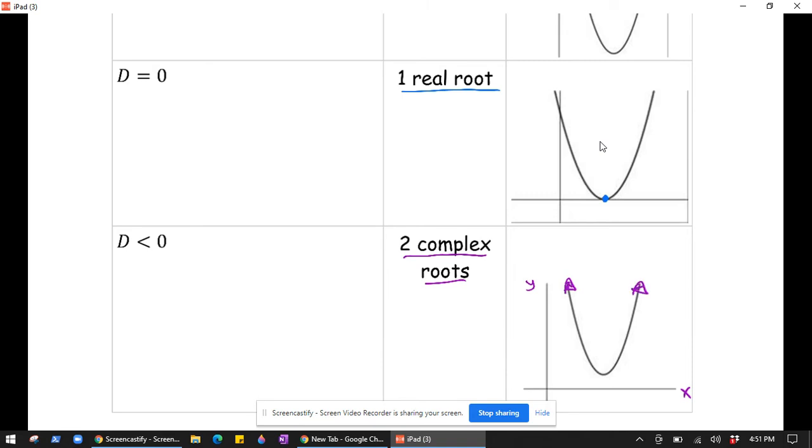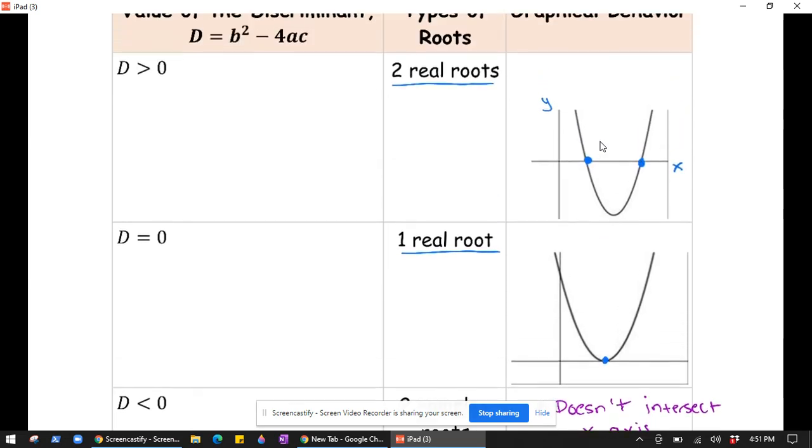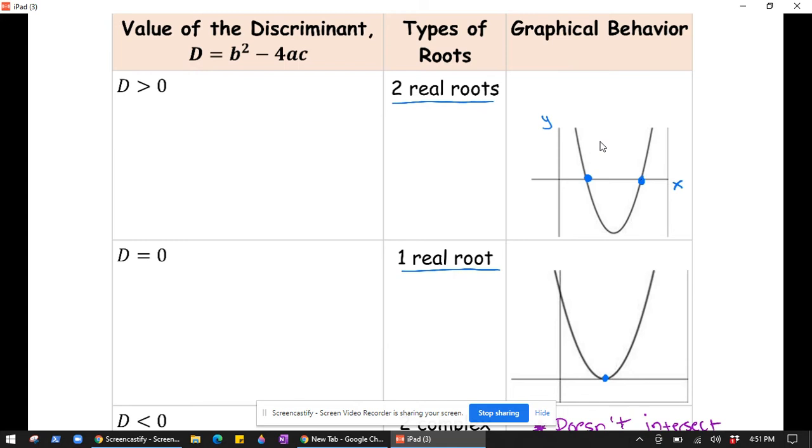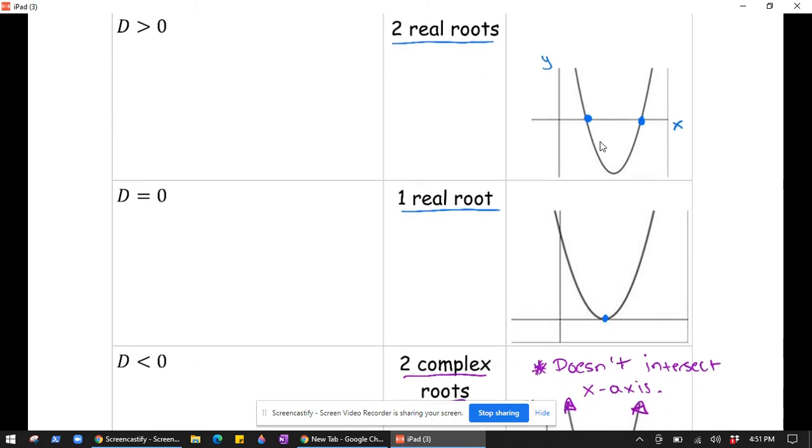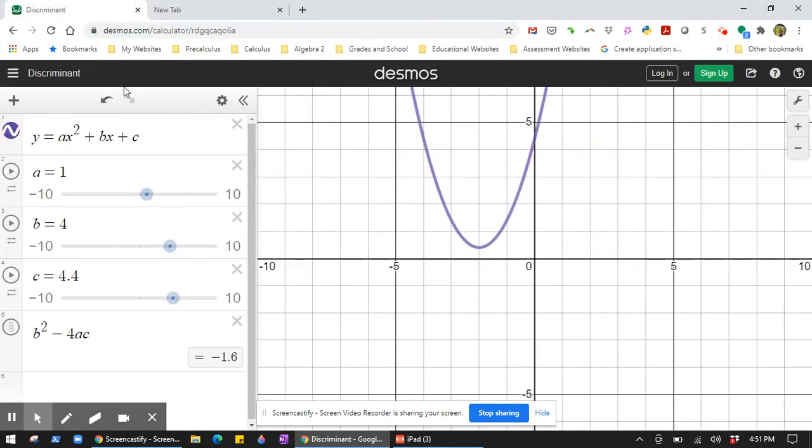So I'm just going to note here that this parabola doesn't intersect the x-axis anywhere. Okay, it has no x-intercepts. So the discriminant can essentially tell us which of these cases we're in, even if we don't have the graph in front of us. For a more dynamic view of this, let's look at a Desmos animation here.